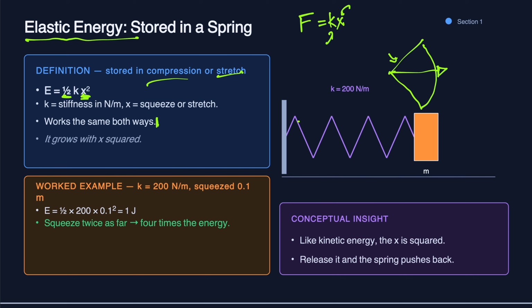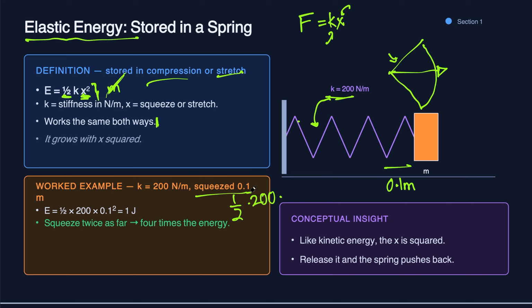So if you were to look at this diagram here, 200 Newton per meter spring constant, which is squeezed 0.1 meters. The thing about elastic energy is, it doesn't look at mass, right? So your mass doesn't matter, which is a bit different from both the previous equations we saw. But you need to keep that in mind. So elastic potential energy is 1/2 times the spring constant, 200, times the distance from equilibrium.